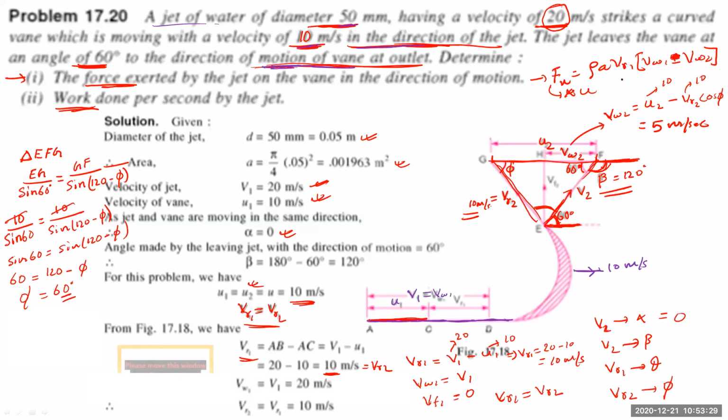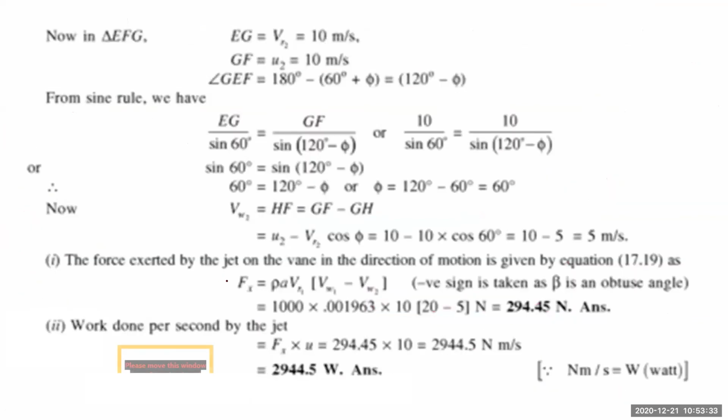So Fx you can calculate easily: rho A VR1 into VW1 minus VW2. Here the negative sign is used because beta is an obtuse angle. When you solve it, you will get the answer.